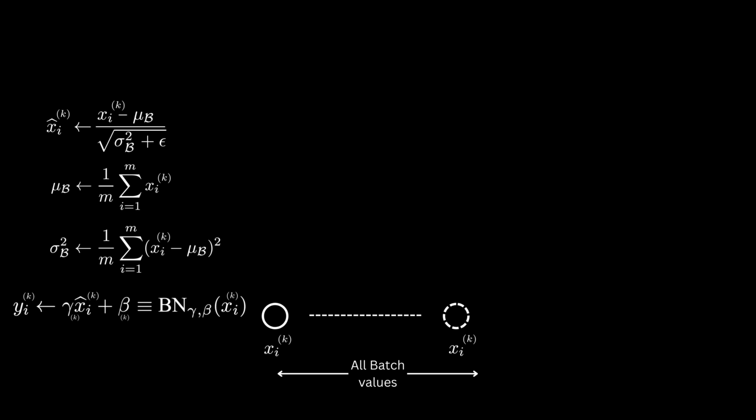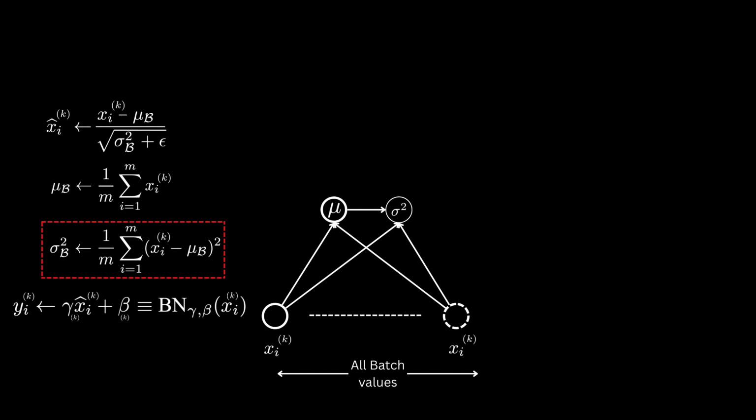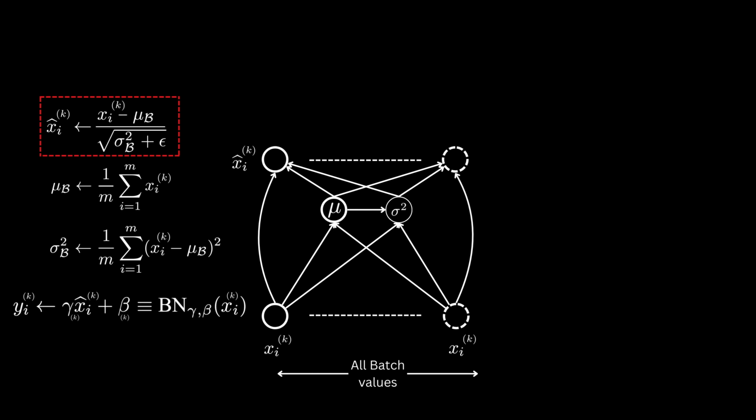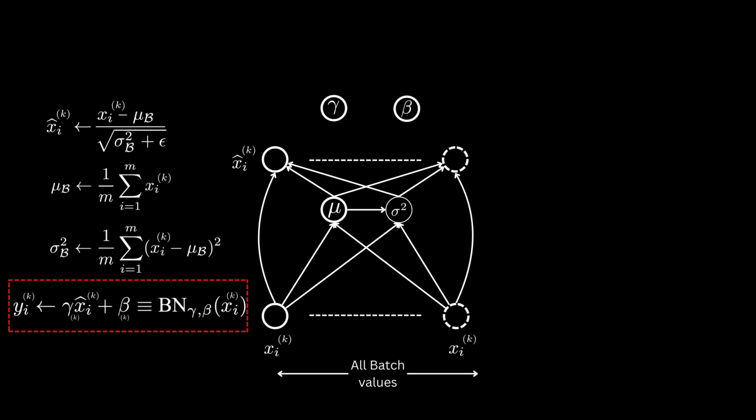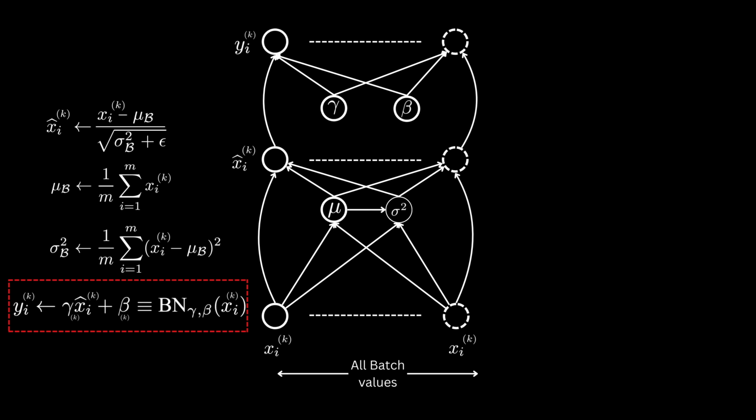All these are used to compute the mean. The mean and individual feature values are then used to compute the variance. These original xi values are then standardized using the computed batch statistics. Using the scale and shift parameters, which will be different for each feature, we compute final values for the entire batch, and that will be fed to the activation function.